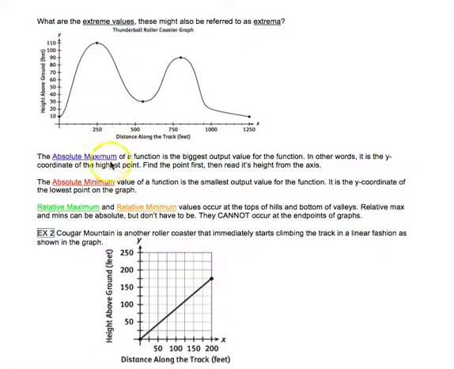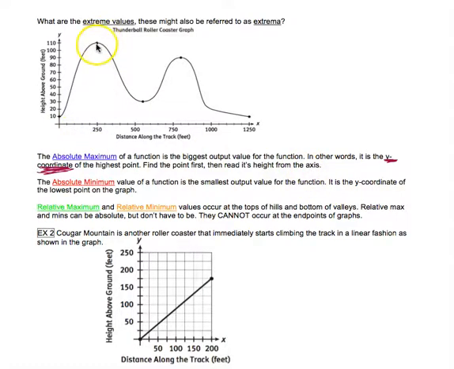So the absolute maximum is the biggest output value. So it is the y coordinate, and that is so key, y coordinate only for maximums of the highest point. So we find the point first, then we read its height from the axis.